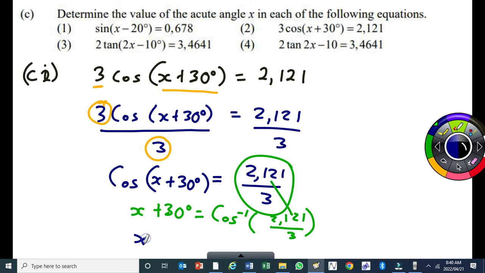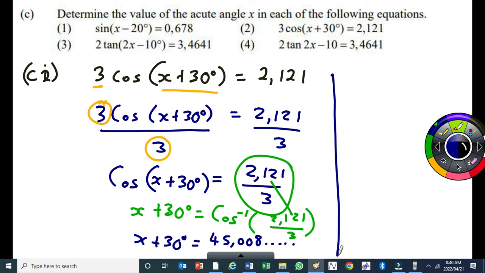So it means this becomes x plus 30 degrees is equal to 45,008 dot dot. Right? Then to calculate x, I now need to take this 30 degrees. Remember, this is an angle. This 30 degrees here, I'll take it to the right. So you end up having x equal to 45,008 dot dot minus 30 degrees.